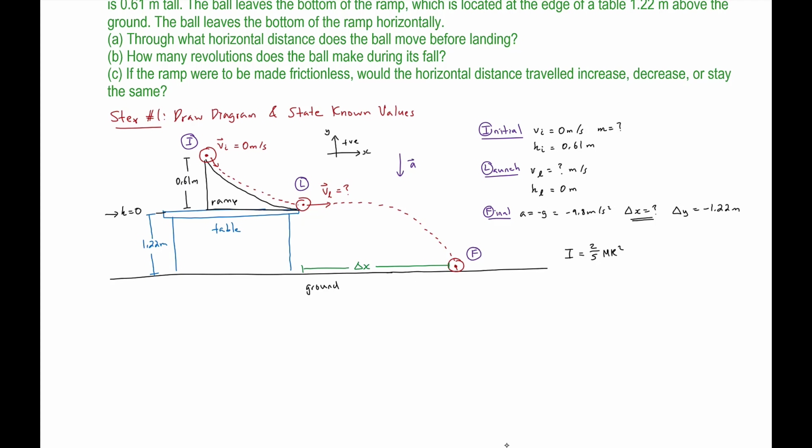We are given the diameter of the sphere instead of the radius, so the radius is equal to d over 2, and the diameter is 0.17 meters. Okay, so that does cover everything. We can move on to step number 2.